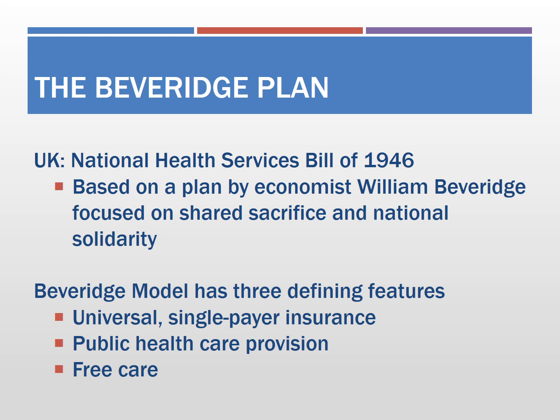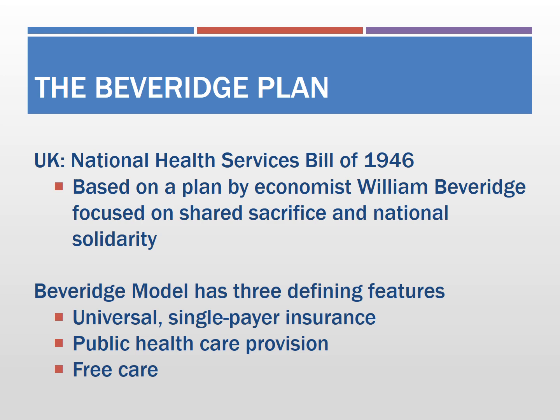William Beveridge set out provisions for a healthcare system in the UK that would provide a very high level of equity of access for the population and citizens of the UK, with the government taking over the healthcare system. So the Beveridge model is named after this great economist in the UK.